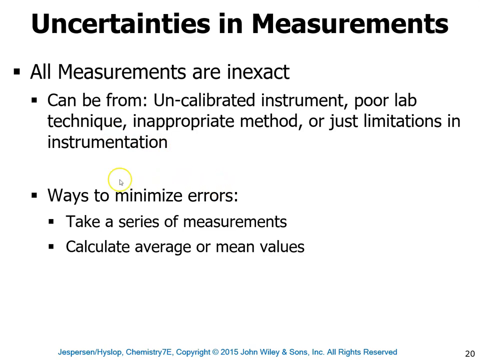So the ways to minimize errors, and this is an analytical technique that's oftentimes used in a lot of different areas of science, not just chemistry, is to take a series of different measurements and then to calculate averages and mean values and do some standard deviation things. So these are ways that we can get around those issues.